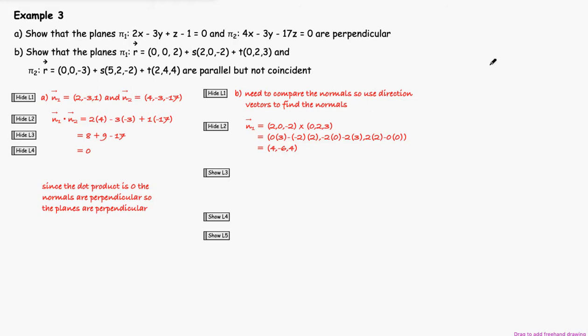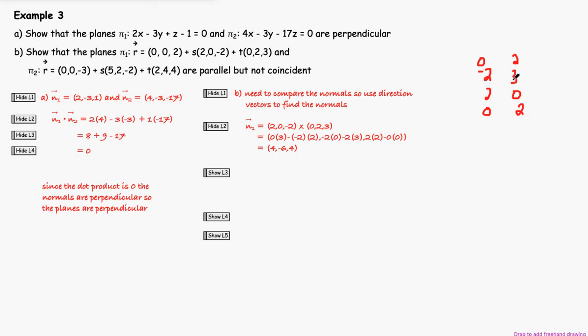So let's, for the first plane, look at 0, negative 2, 2, 0. And the second direction vector on the first plane is 2, 3, 0, back to 2. I just want to make sure I'm correct now.